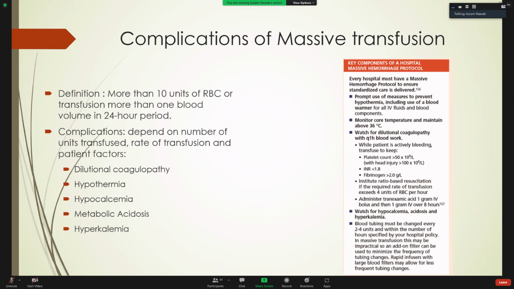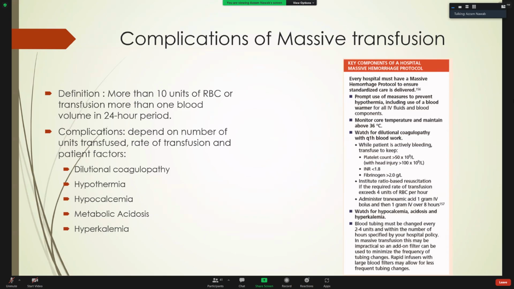For those patients for whom we prescribe massive transfusion, it has to follow the massive transfusion protocol or massive hemorrhage protocol. Every hospital must have a massive hemorrhage protocol to ensure standardized care is delivered.